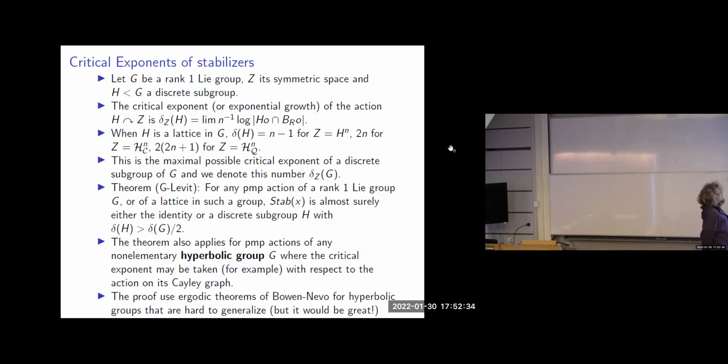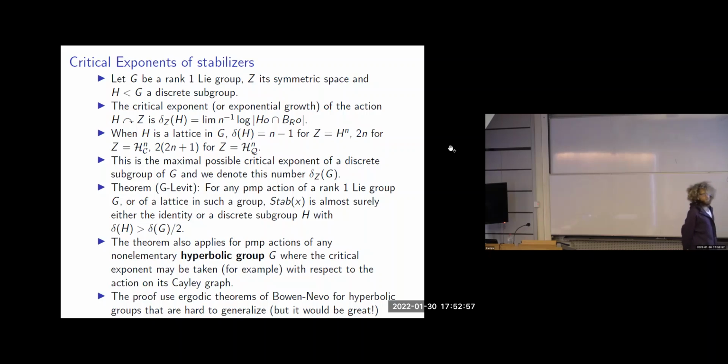So when H is a lattice in G, this number has a lot of geometric meaning. For each symmetric space, it's determined by these values. For hyperbolic 2-space, it's 1.